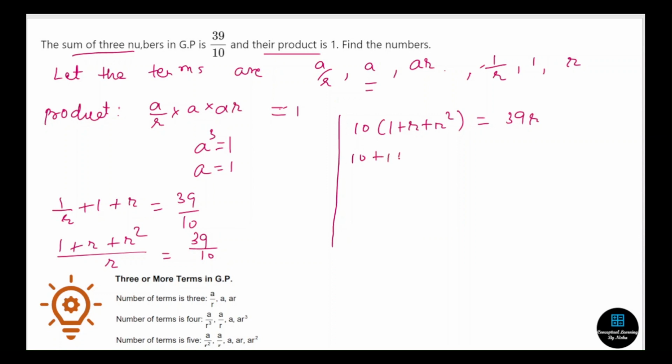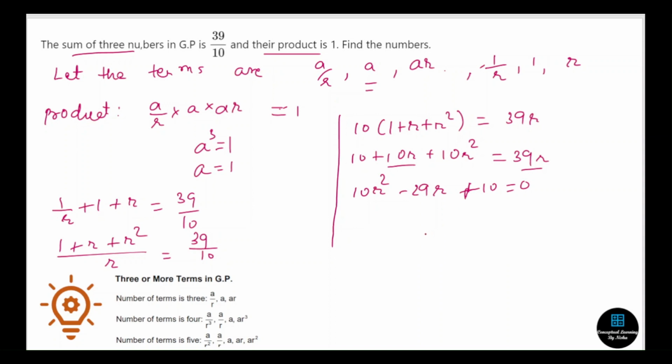On simplifying this, we get 10 plus 10r plus 10r square equals 39r. Now we'll bring everything to the left hand side and rearrange. So 10r square plus 10r minus 39r, I can write this as 10r square minus 29r plus 10 equals 0. Now I can solve this using the splitting the middle term method.